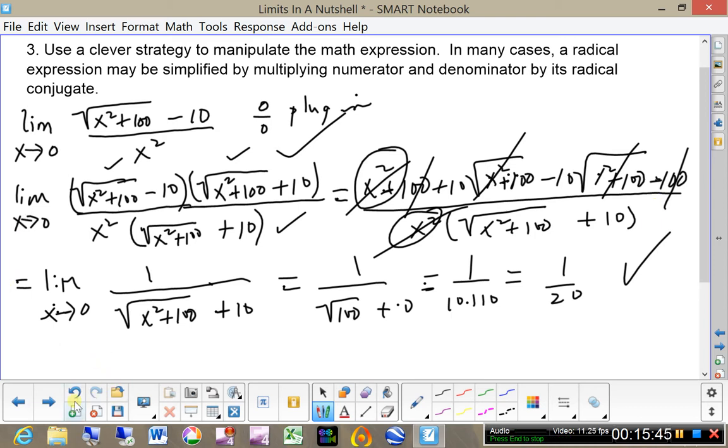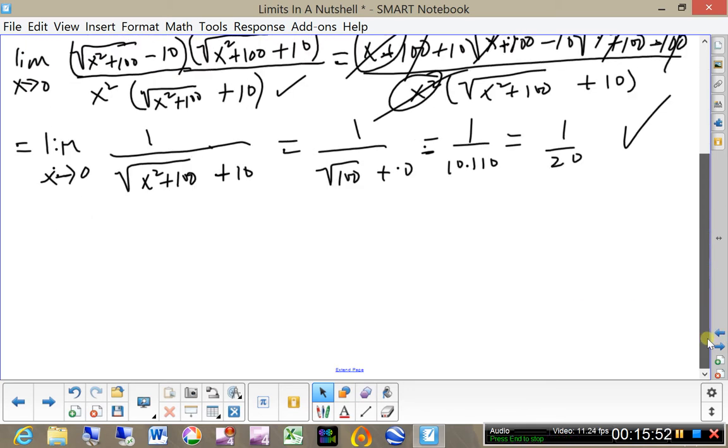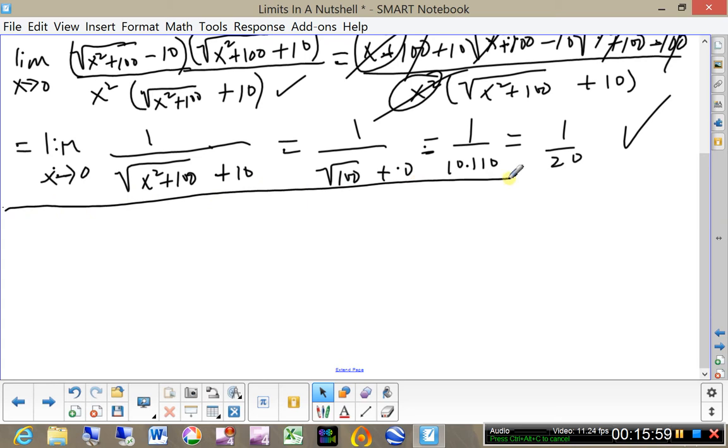Now I'm going to work one more example. Suppose we want to take the limit of x minus 9 over the square root of x minus 3 as x approaches 9.